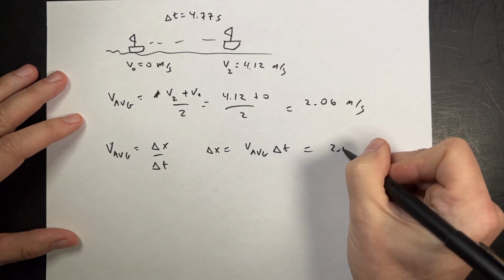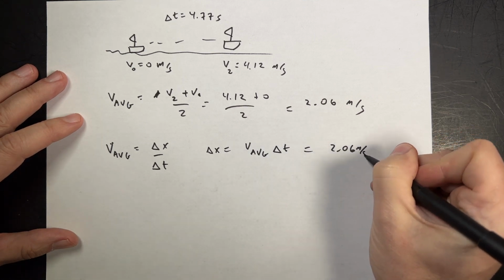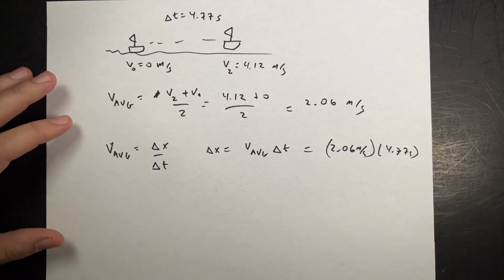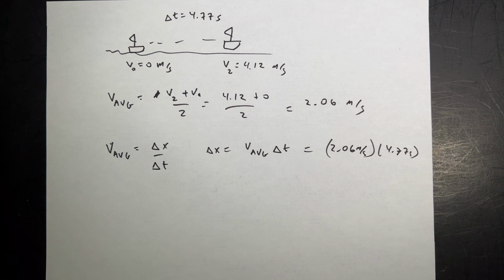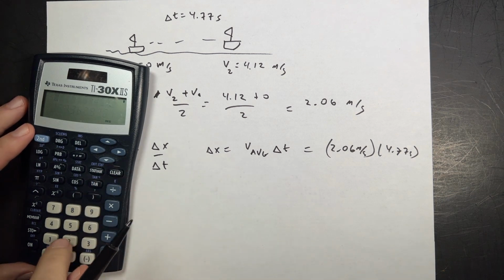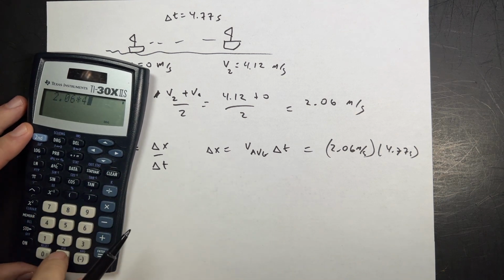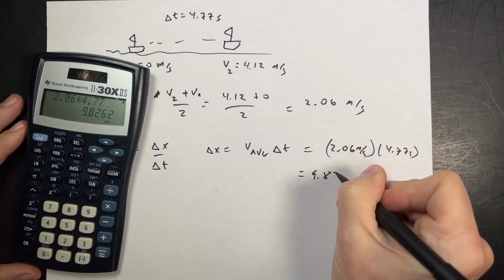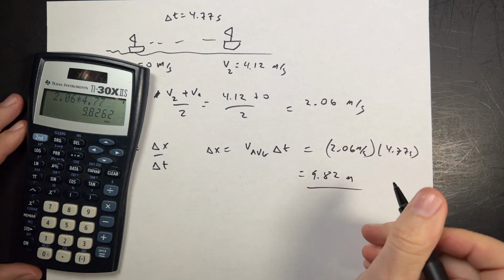So it's going to be 2.06 meters per second times 4.77 seconds. You'll notice that the units cancel. In my calculator, 2.06 times 4.77 equals 9.82 meters. That's not what they got.